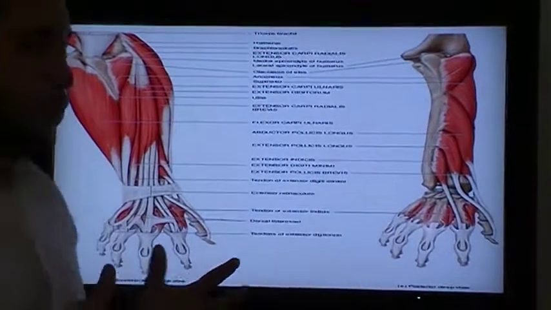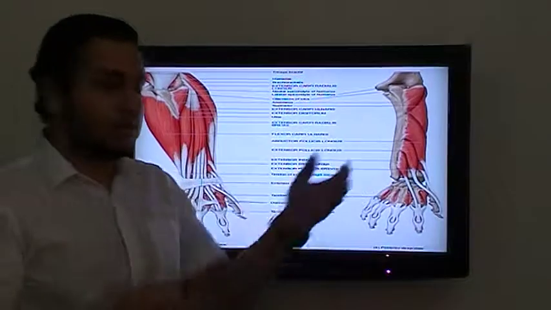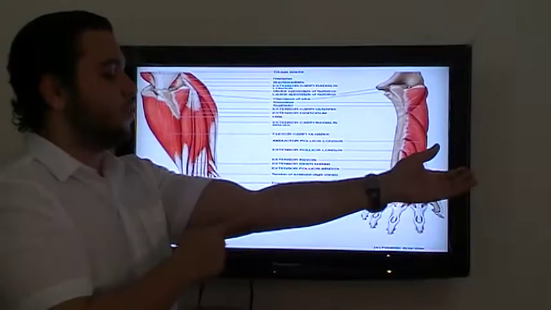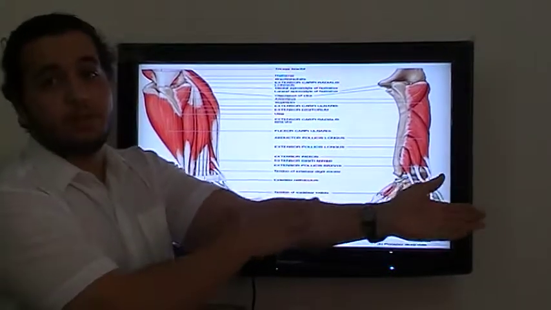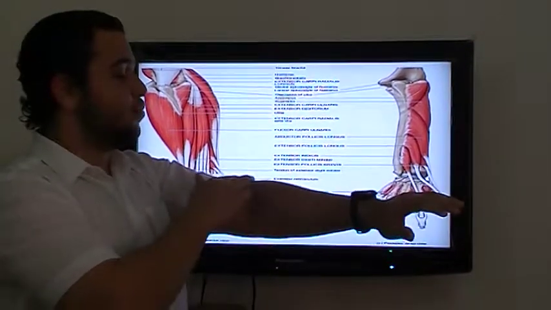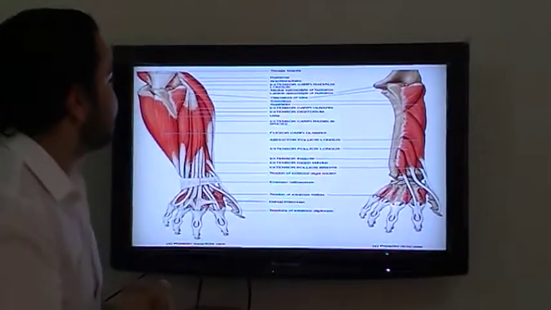Now, another piece of information is very valuable. You have the medial epicondyle and the lateral epicondyle. The medial epicondyle is more prominent. All the flexors come from the medial epicondyle, while most of the extensors come from the lateral epicondyle.